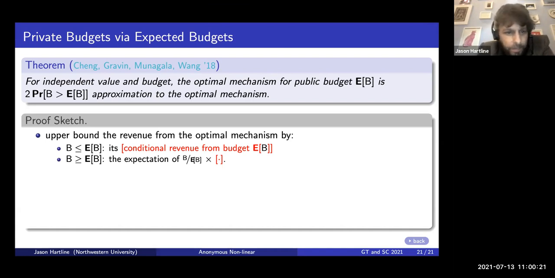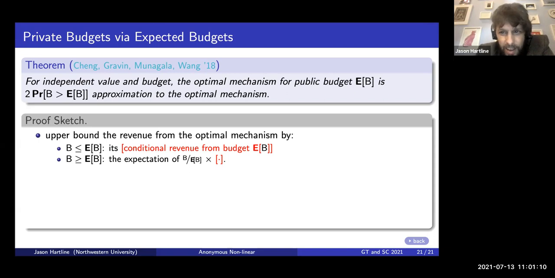In the next case, I'm going to look at the revenue from agents with budget that exceeds the expected value of the budget. What is the revenue I'm getting from this per unit budget they have that's over the expected budget? I'm going to upper bound the revenue I'm getting optimally by basically the per unit revenue that we get if they had the expected value of the budget.